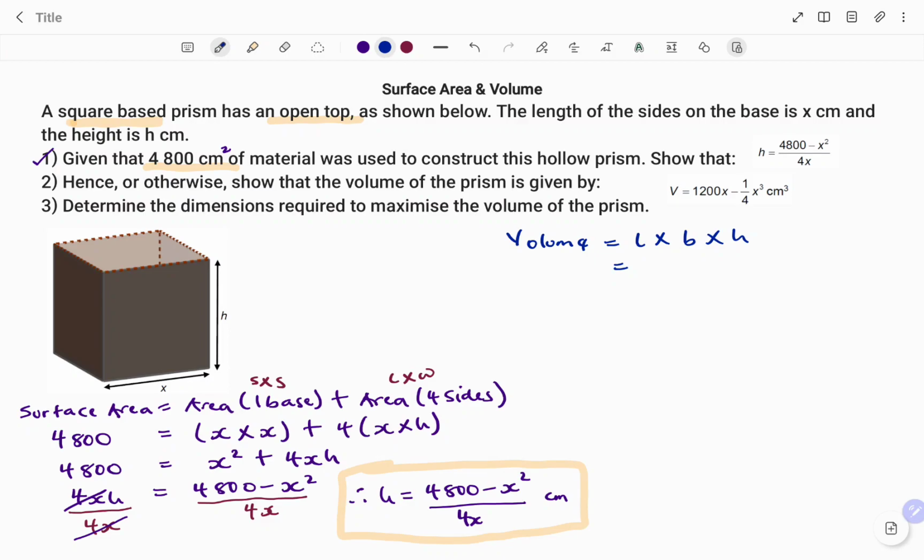A length, that's your x, times your breadth, that's x, that's the base of the prism, a square base, so that's x times x, times your height. Note that the height has been given as, I'm going to put that in a bracket, (4,800 minus x squared) divided by 4x, close bracket.